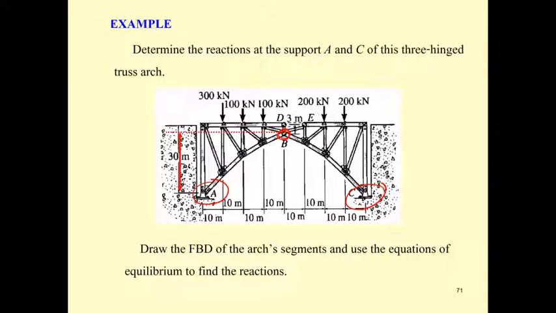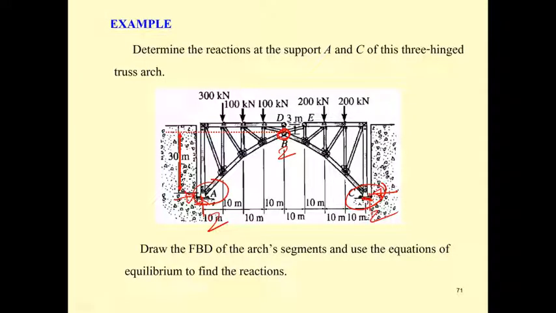So we have the hinge here. And if we draw the free body diagram, we get the reaction, 4 of them. And then we have 2 more at the hinge at B. So the total number of unknowns is going to be 6.